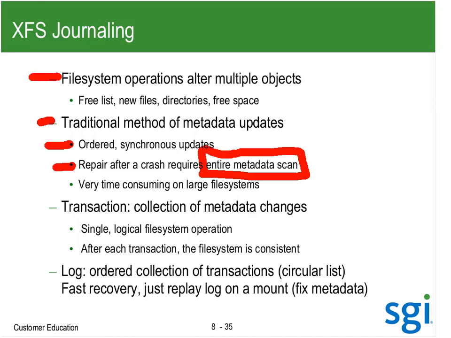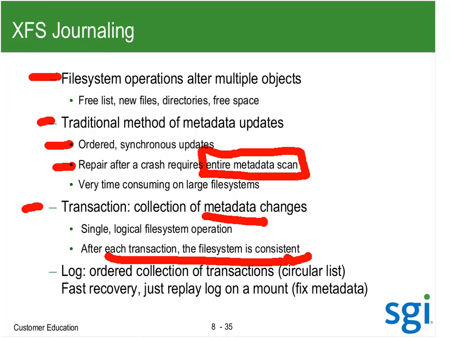So a journaled file system makes it quicker to go through the file system because we know where we were in the file system, and we don't go through the entire file system tree. And secondly, it is able to put the files back in the file system tree where they belong. So journaling has transaction concepts, which is a collection of metadata changes, and after each transaction, the file system is consistent.